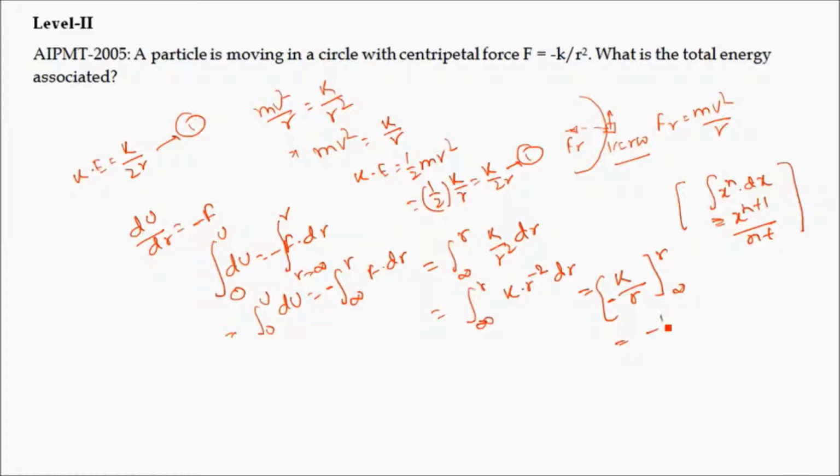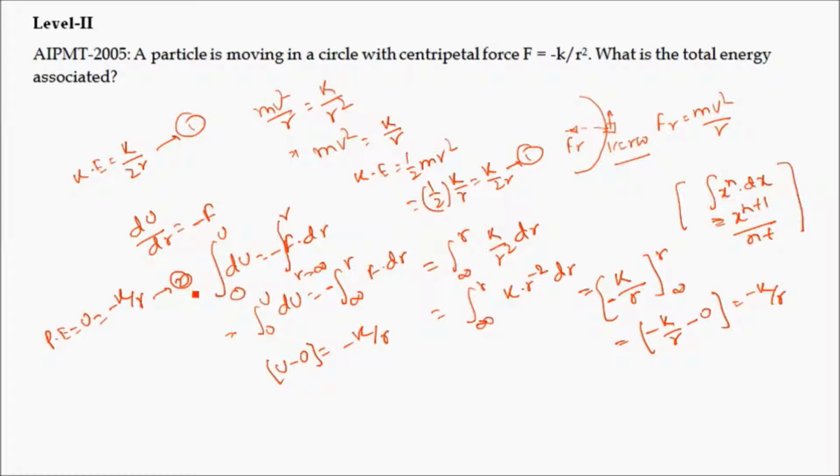So the value is minus k by r minus 0, which is equal to minus k by r. On the left hand side it is U minus 0, equal to minus k by r, so the potential energy U is equal to minus k by r.